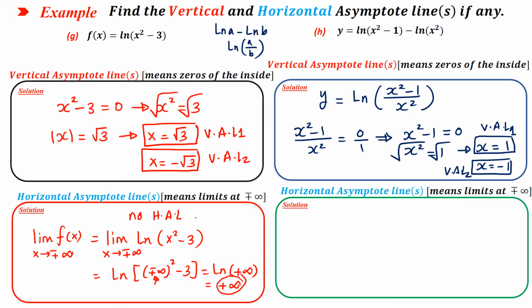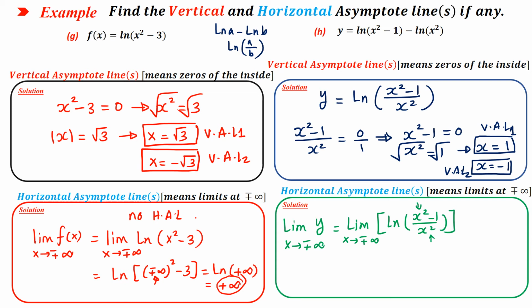Now, to find the horizontal asymptote line, you have to find the limit at infinity and negative infinity for the given function. So the limit of our function y when x goes to positive and negative infinity equals the limit of ln of x squared minus 1 over x squared when x goes to positive and negative infinity. Now here we have a polynomial divided by a polynomial, and x goes to positive and negative infinity.